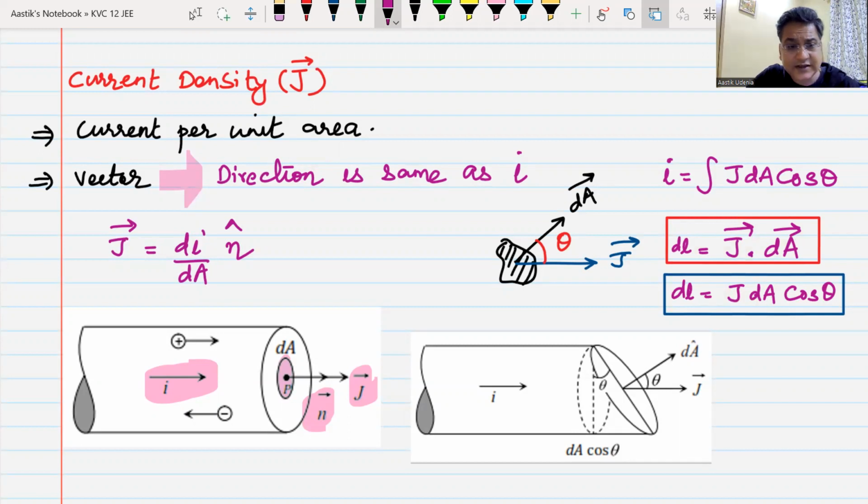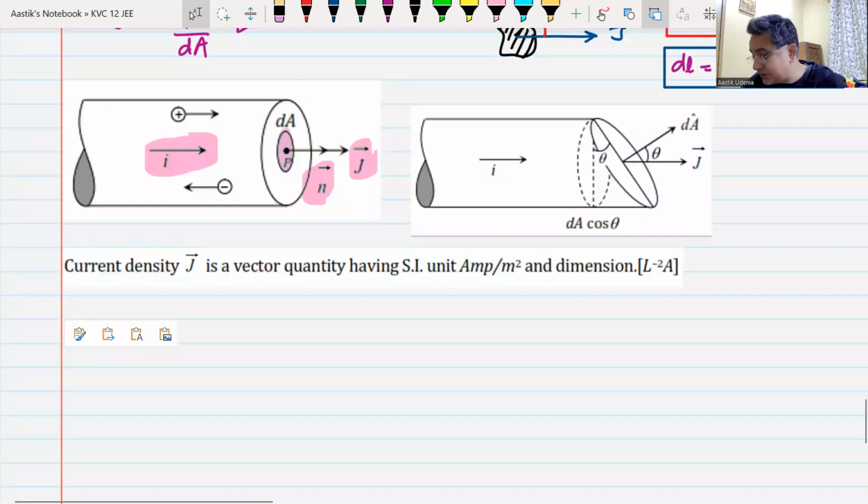Now there are some things that you must remember about this current density vector, because it may come to you in the examination hall if you can recollect it, obviously. What is the type of quantity it is? It is definitely a vector quantity.